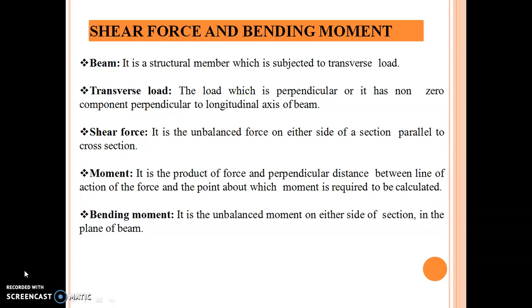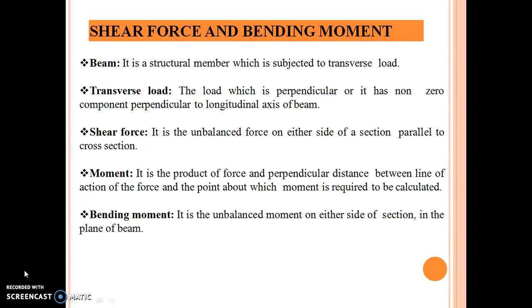Then what is shear force? Shear force is the unbalanced force on either side of a section parallel to the cross section, and due to this shear force we can identify shearing of the component from its original position. Before going to the bending moment, what is a moment?